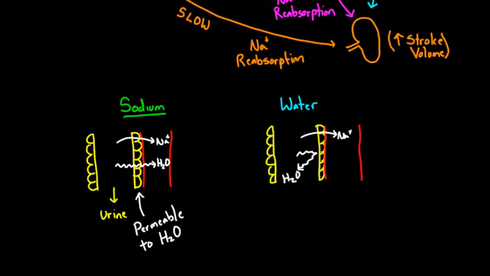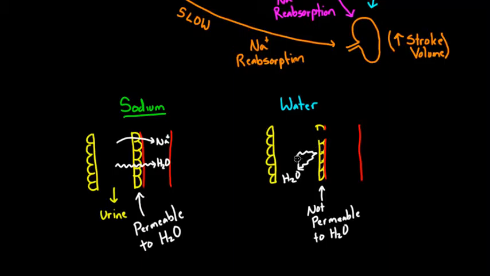That's exactly what happens in areas where you don't have permeability to water. So let's say this is not permeable to water, you need a new strategy. And the strategy, in a way, is very, very simple. If it's not permeable to water, why not forget about reabsorbing salt for the moment?